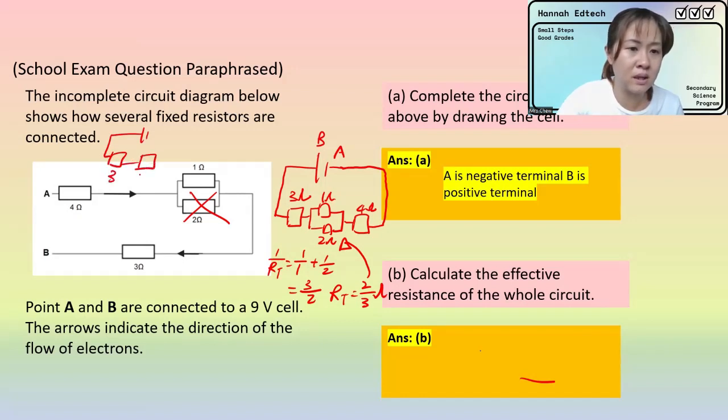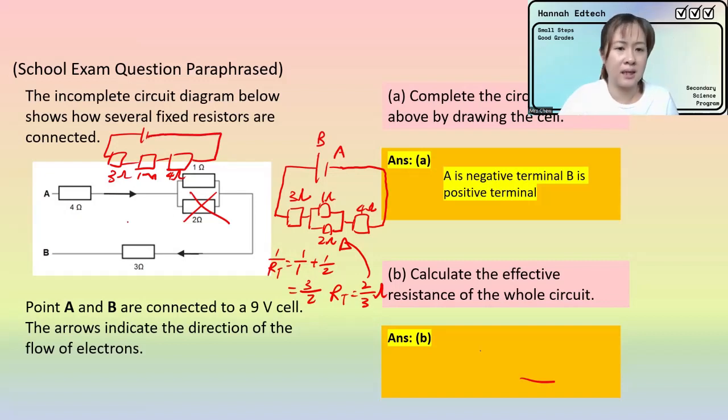So this is 3, and then this is 1 ohm, and then this one is 4 ohms. You will realize that when there is no parallel portion, the total resistance will increase. And when the total resistance increases, the total current will decrease.